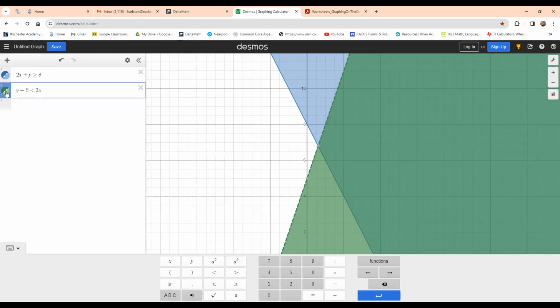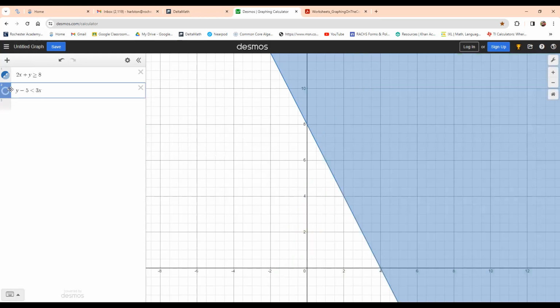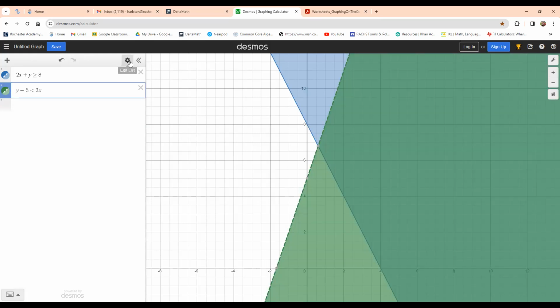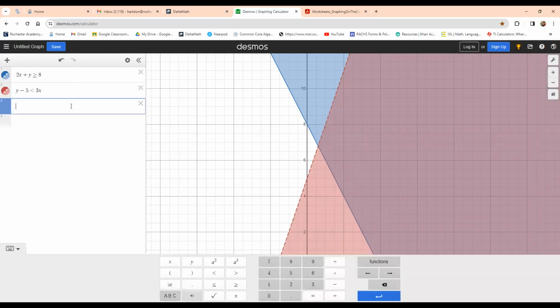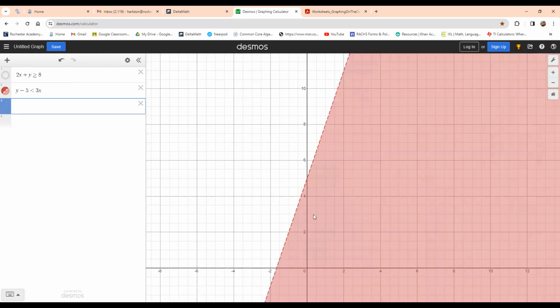Actually, I wanted this to be red, but can I change the color? How do you change the color? I'll figure that out. Oh, there it is. All right, so I made it red. Now I need 2 points. I'm going to unclick this one so I don't have any.